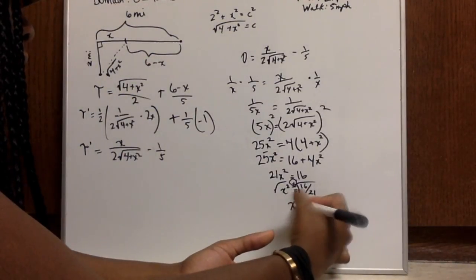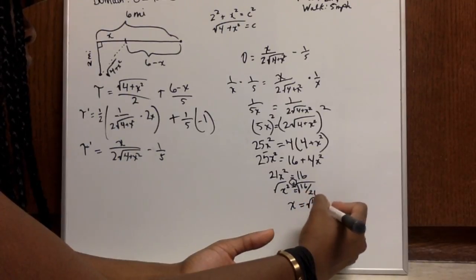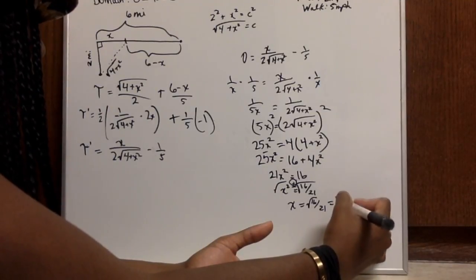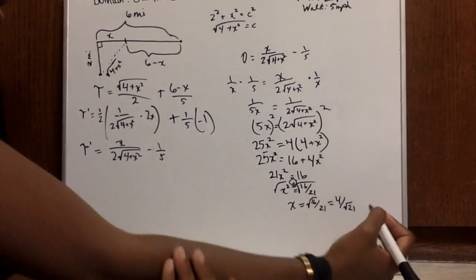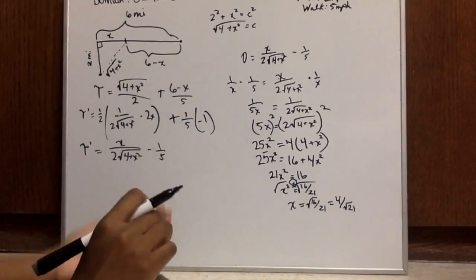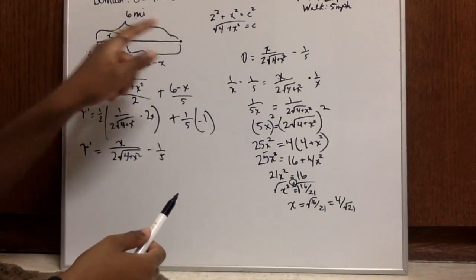So here x is going to be equal to the square root of 16 over 21, and we can write that as 4 over the square root of 21. And we have to attach a unit because we're trying to find where Jane should land her boat along this shoreline.